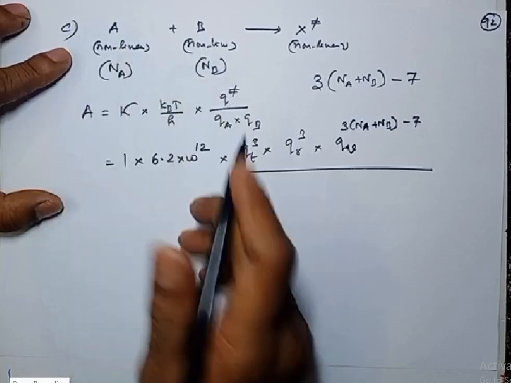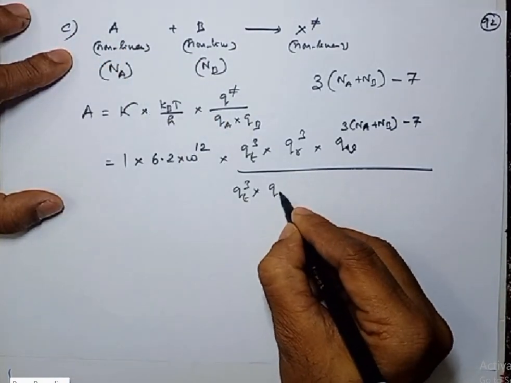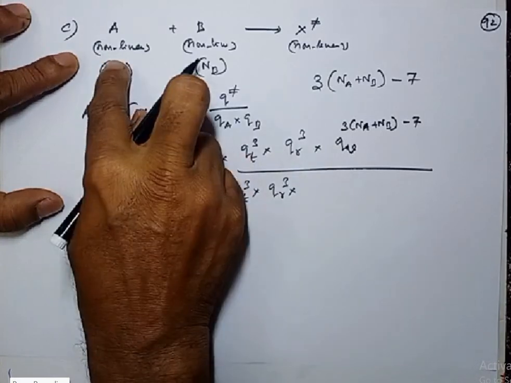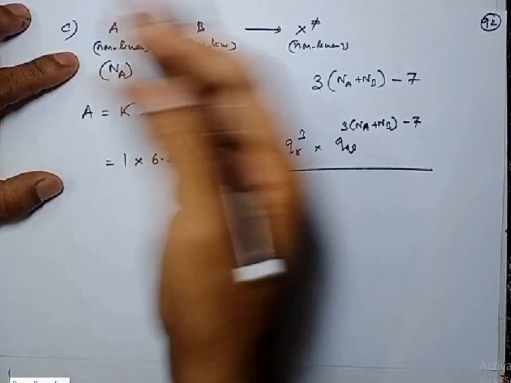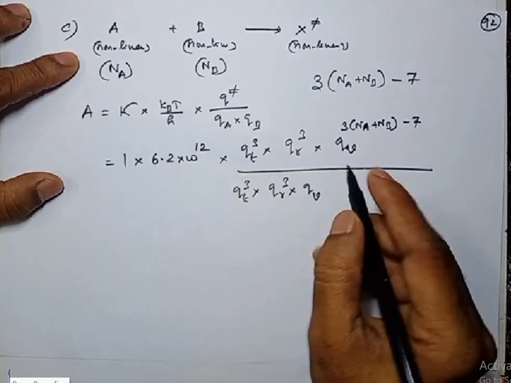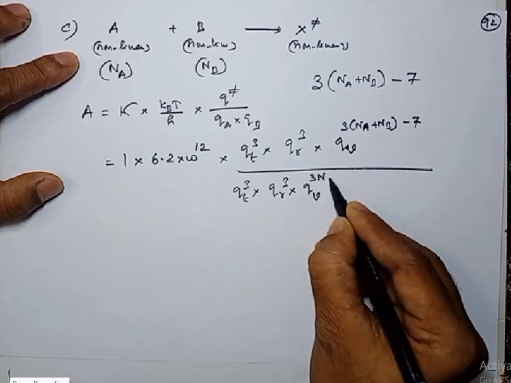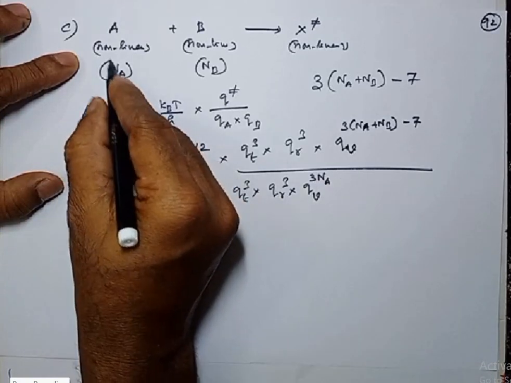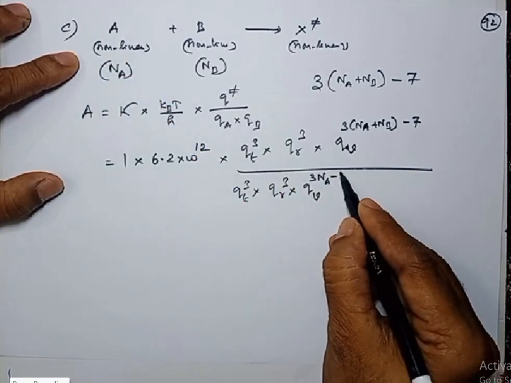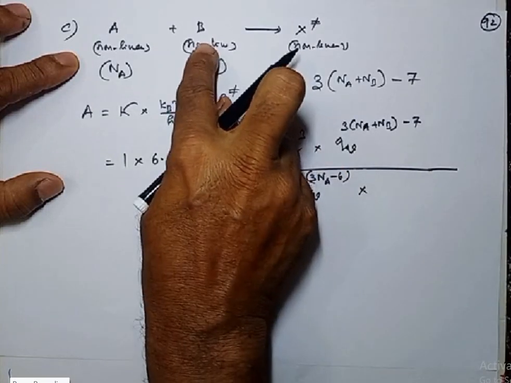Divided by, and here this is also a molecule, so there are 3 translation and it is non-linear, so 3 rotation. For a normal molecule, the number of vibration QV is 3n minus 6, so 3 into Na, the number of atoms in this molecule, minus 6, into, now we'll come to the B molecule.